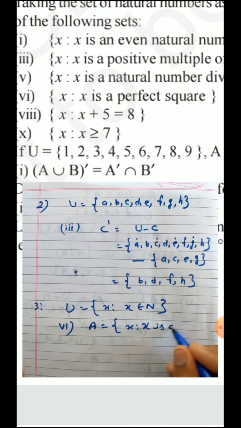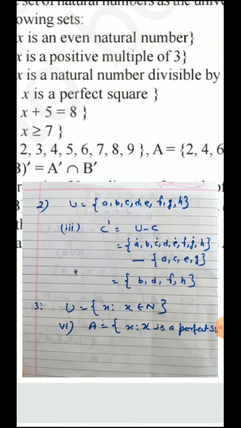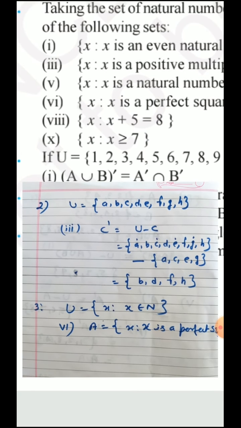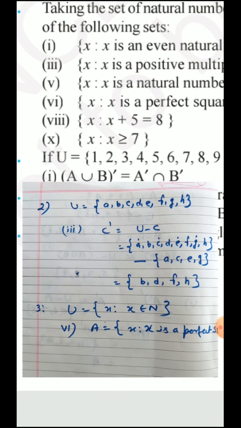Means perfect square numbers like 4, the perfect square of 2, and 9 is a perfect square of 3.